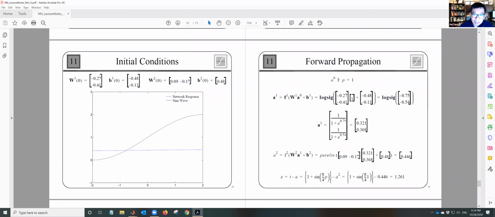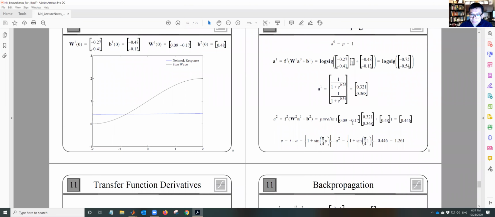Now you give it an input, 1, and do the forward propagation, and you get A1. You give 1, then W times P plus B, you get A1. And then you get your A2. Then you calculate the discrepancy, which is 1.261.